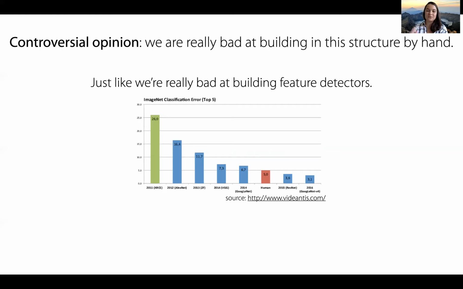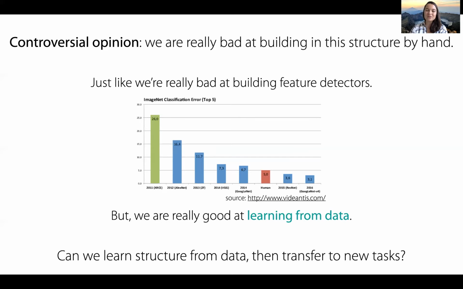And this is what led to a tremendous amount of progress on ImageNet classification, for example. So while we're bad at building feature detectors, we're really good at learning from data. So what I'd like to talk about today is, can we learn structure from data and then transfer that structure to new tasks? Hopefully in the end, such that we can generalize and extrapolate to things that we haven't seen before and things that are potentially outside of our training distribution or drawn from a distribution that's shifted.